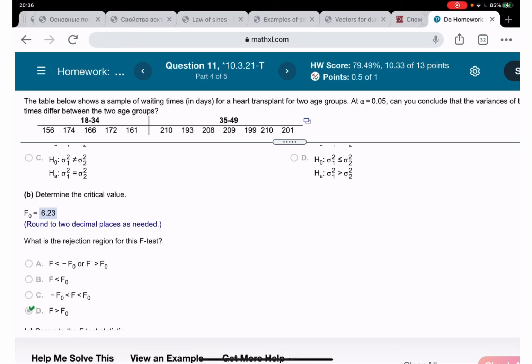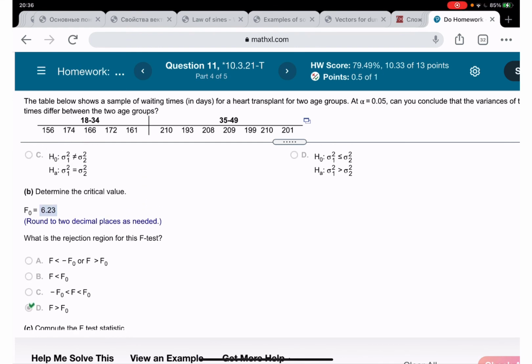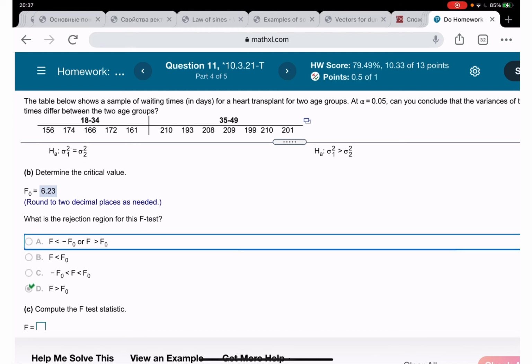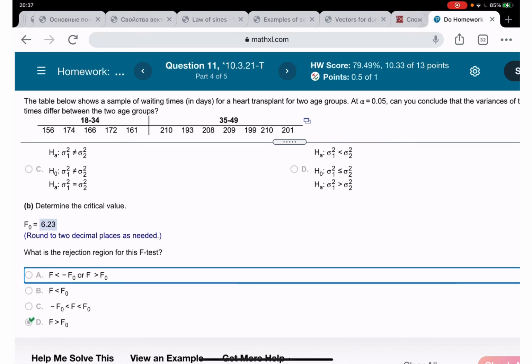You see here I already have answers for B and C because I recorded how I calculated, but then I got in StatCrunch and saw how to figure out the critical value and the test statistic, so I'm going to go over it and show you.